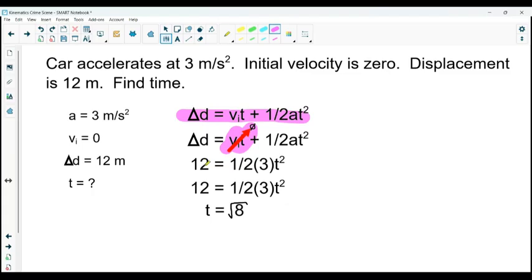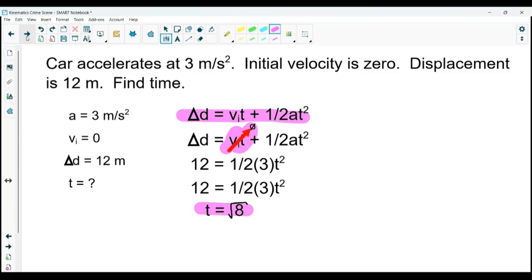And then I subbed in my values, 12 for the displacement, and 3 for the acceleration. And I found out that it was root 8. Normally we use decimals in physics class, so the students could write this as 2.8 whatever, and that's fine, but root 8 just makes it a little simpler because we are going to square that term in the next one. So I just decided to leave it that way.